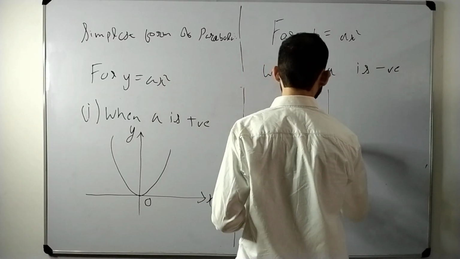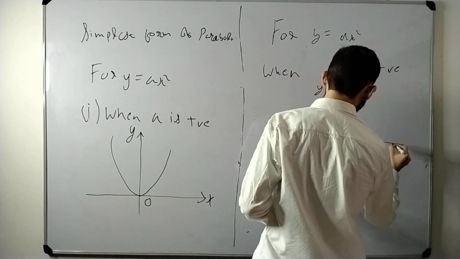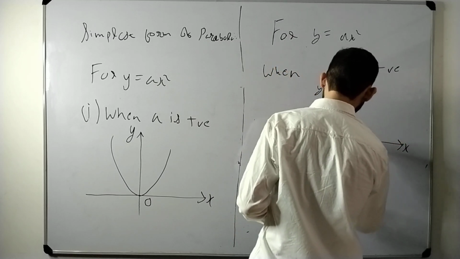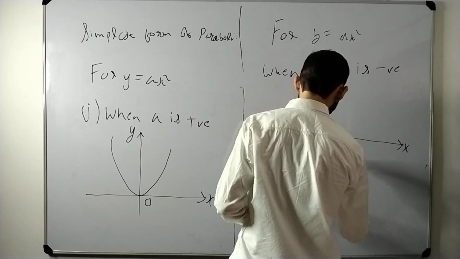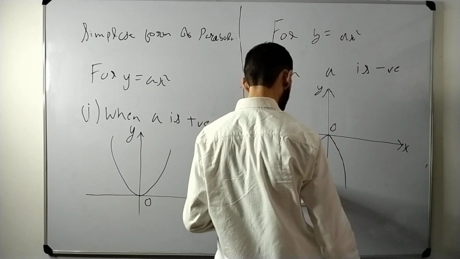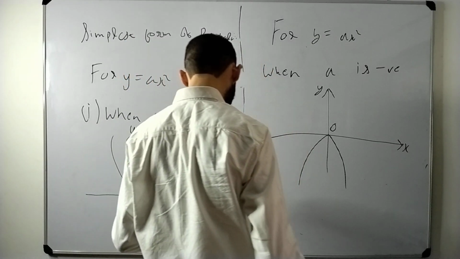So this makes what, students? Y, and this is x, and this is the origin, and this happens to be what, students? Yes, the vertex.